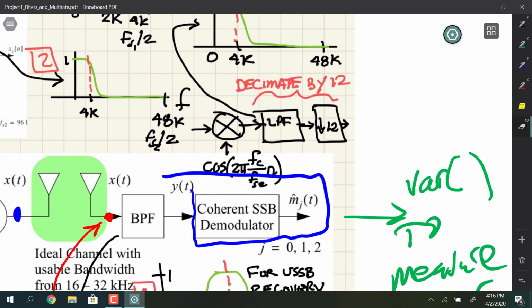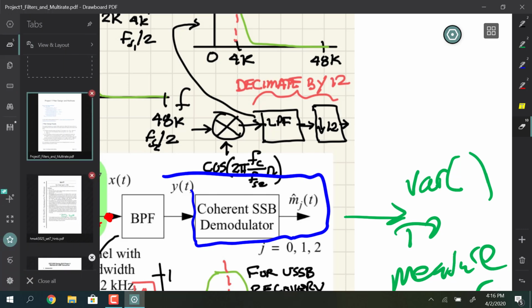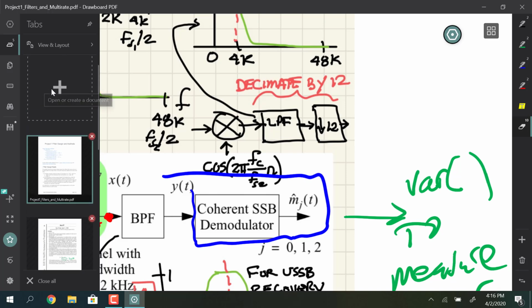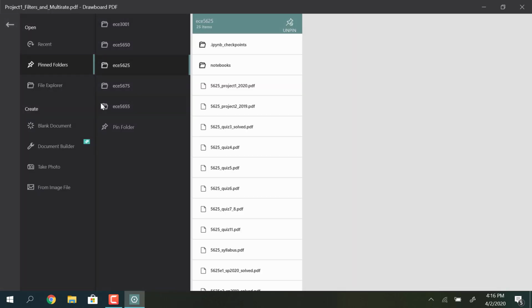Yes, it's single sideband that we're receiving, but it's the coherent demodulator that's in the notes from chapter 3. Do you remember that? Okay, I can pop over there. I don't have that chapter loaded, but I can definitely get it up there if it doesn't crash on me.